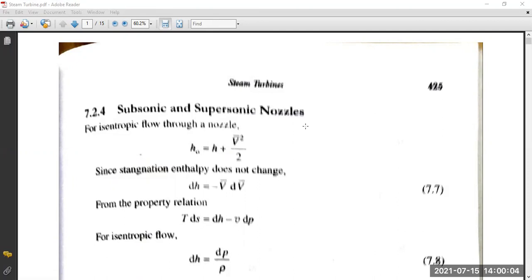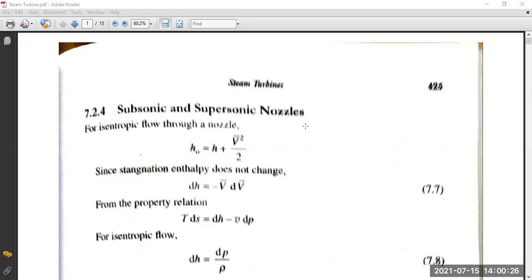Or we can explain it like this: say a fluid is flowing, and it is brought to rest isentropically, meaning without any heat exchange between the fluid and the surroundings, in a steady flow, adiabatic, and zero work output device.